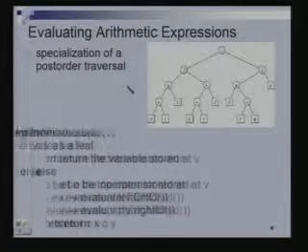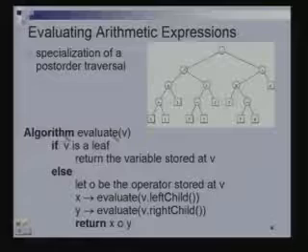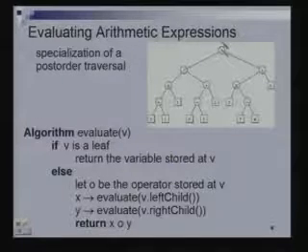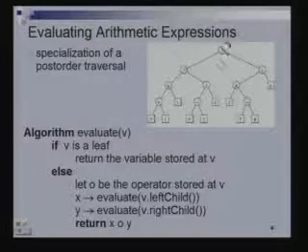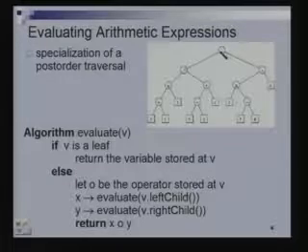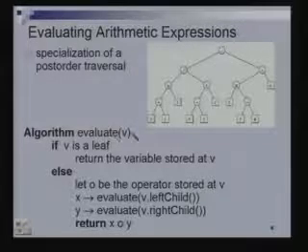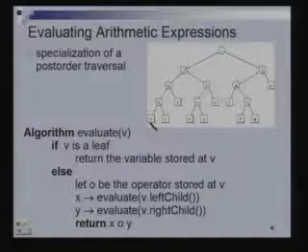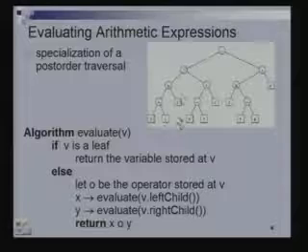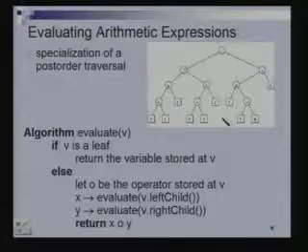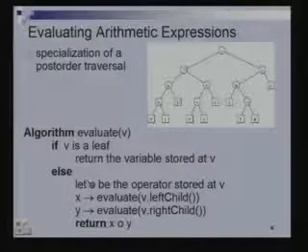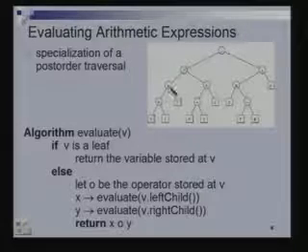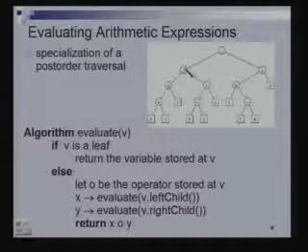So we can write a procedure something like this. Suppose I say evaluate the expression corresponding to V, where V is a node, let's say this root node here. If V is a leaf, then I just return the value stored at V, because that's the value. The leaf just corresponds to numbers in this expression. Else, if V is not a leaf, then we are at some internal node.